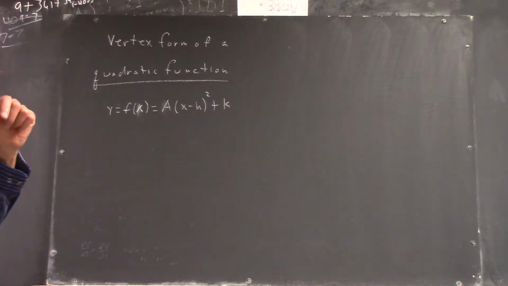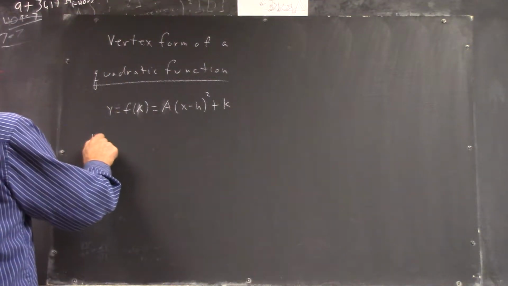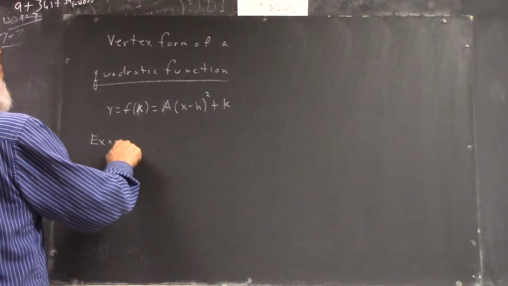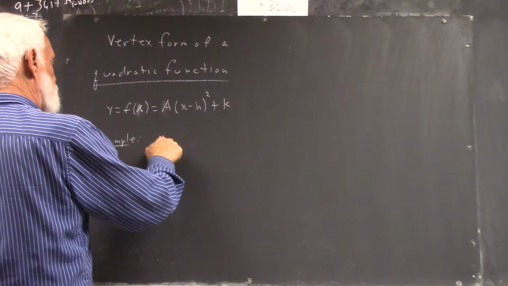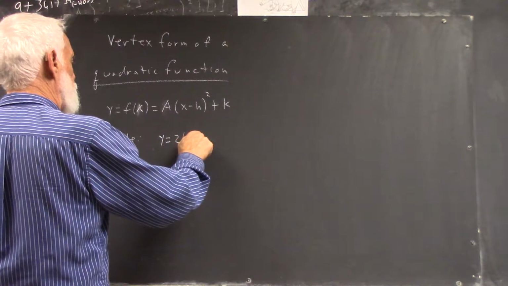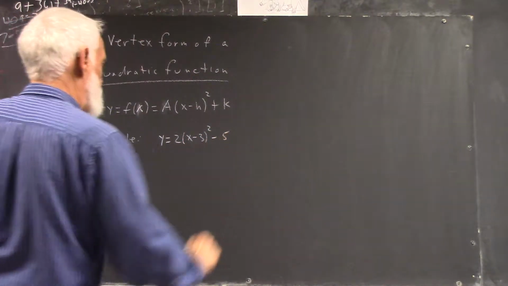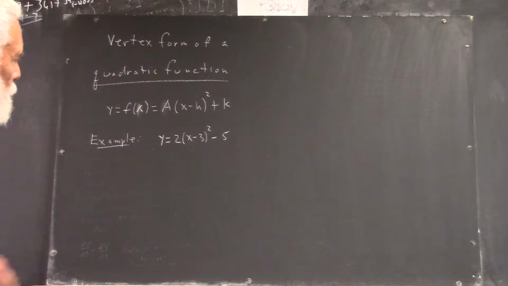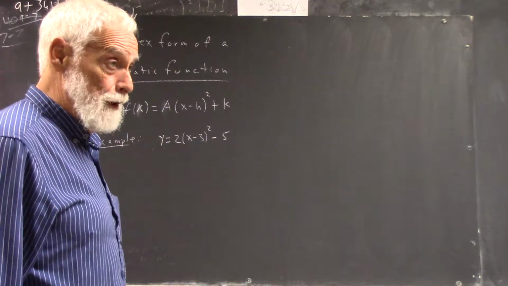Now let's just take an example. y equals 2 times quantity x minus 3 squared minus 5.